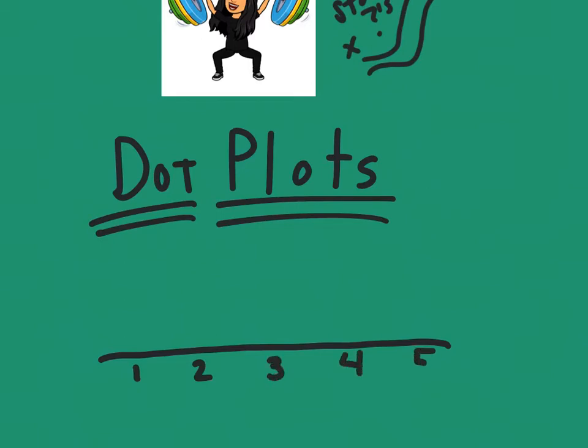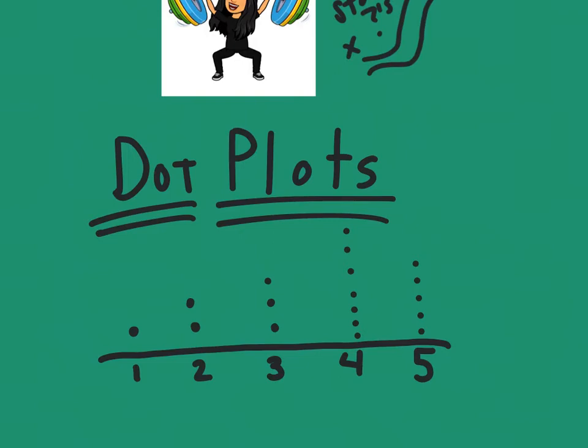Pretend I surveyed the class and we said, okay, one person in class likes to get up early before 6 a.m. I have 2 people in the class that usually get up by 7 a.m. I have 3 people in the class that get up by 8 a.m., all on the weekends, and maybe we have 1, 2, 3, 4, 5, 6, 7 students in the class that usually wake up by 9 a.m., and then the rest of the class typically wakes up past 9 a.m. So that's what we call a dot plot.